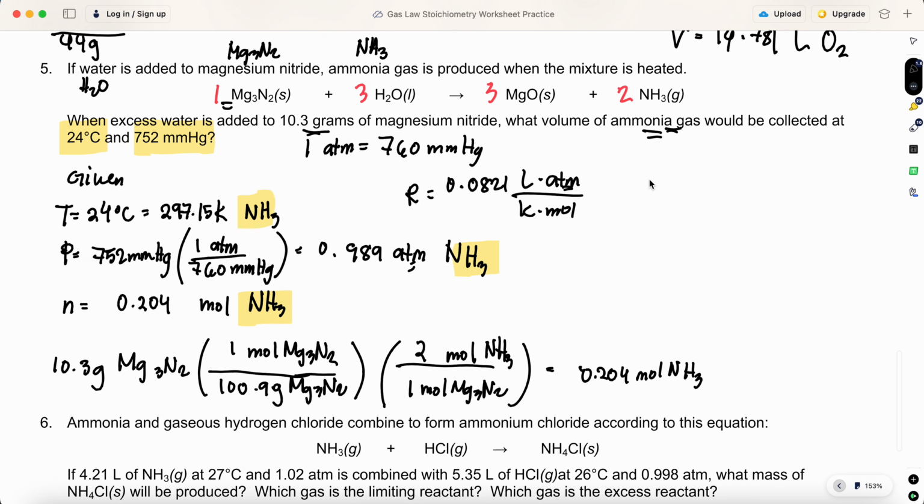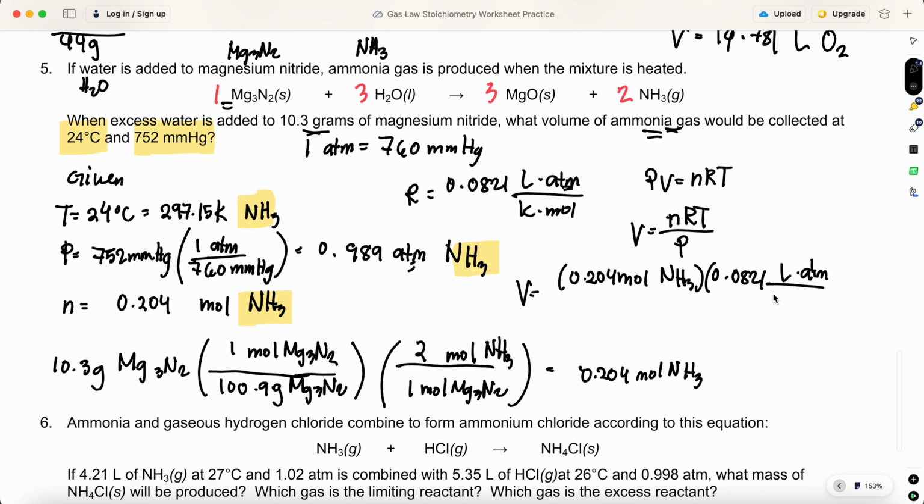Now we use our PV equals nRT to get the volume of ammonia gas, nRT over P. So V is 0.204 mole of NH3 times 0.0821 L·atm over K·mole, times the temperature, 297.15 K, divided by P, which is 0.989 atm.